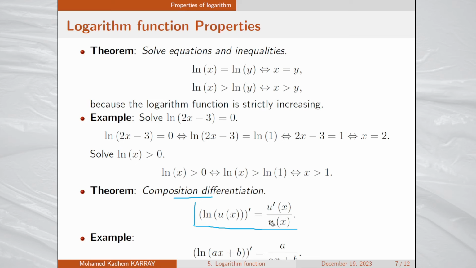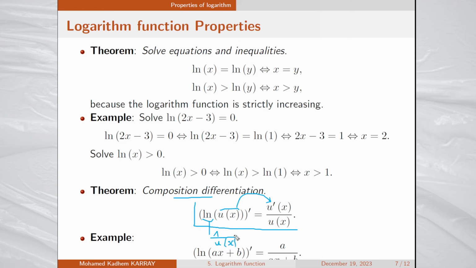So this is an application of the property of differentiation of a composition of two functions. We begin by differentiating the interior function, which gives u prime. Then we derive the exterior function, the logarithm, which gives 1 divided by, and we apply it to the argument here, u of x.